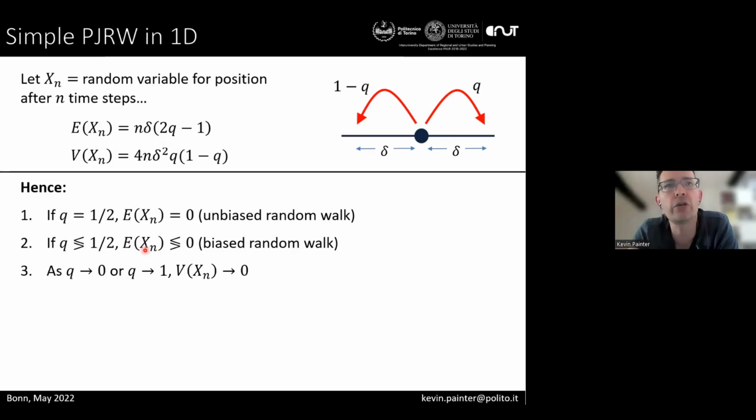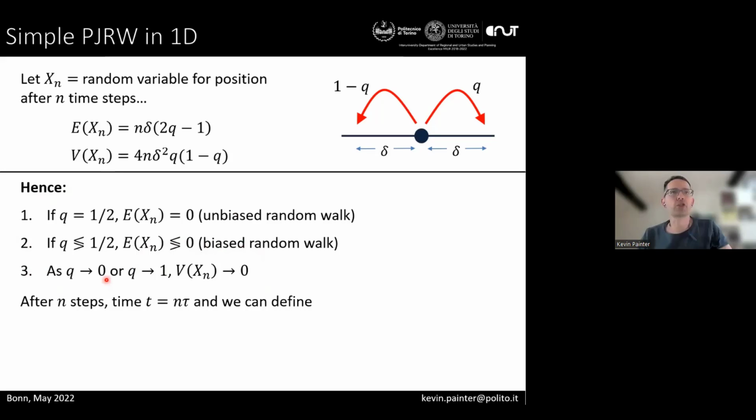And then as q tends to 0 or q tends to 1, we get into the situation where the particle just always chooses the same direction. And in that case, my variance vanishes, and we're simply moving straight to the right or straight to the left. So you can get these basic properties of how my particles are moving.